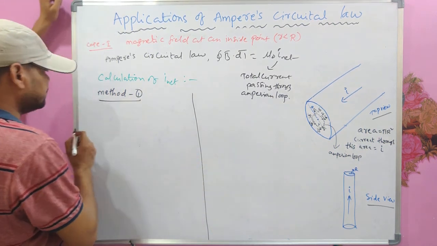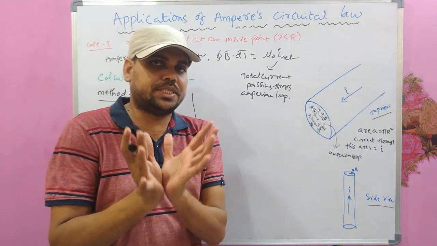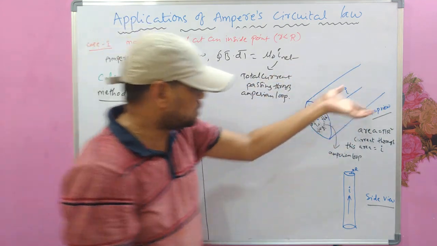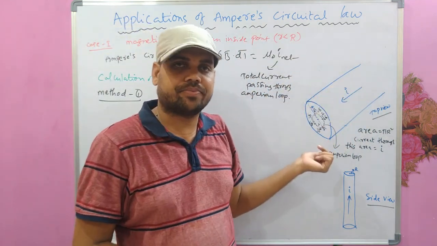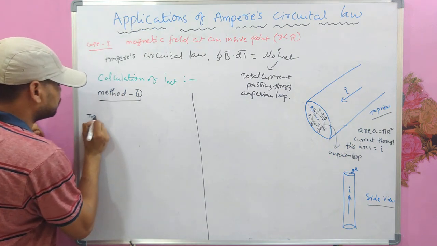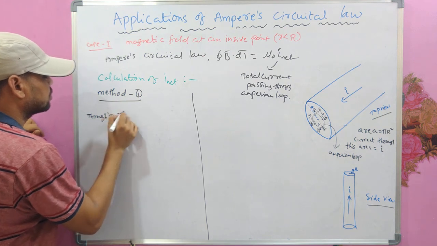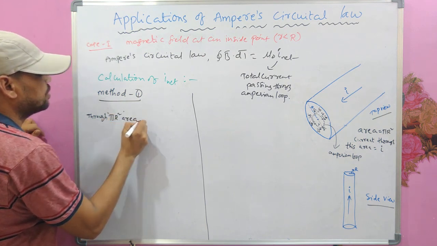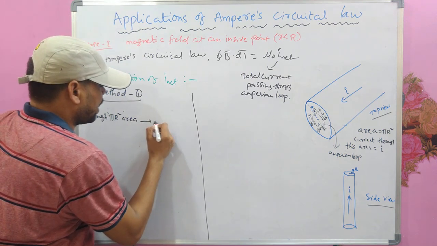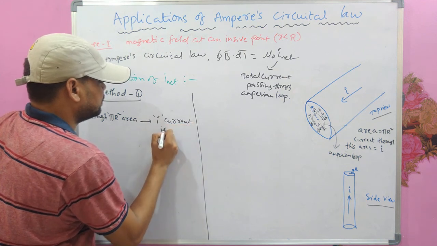The method 1 is, if you observe, current I is distributed through pi R square area, through the entire cross sectional area of the wire. So through pi R square area, current I is passing.